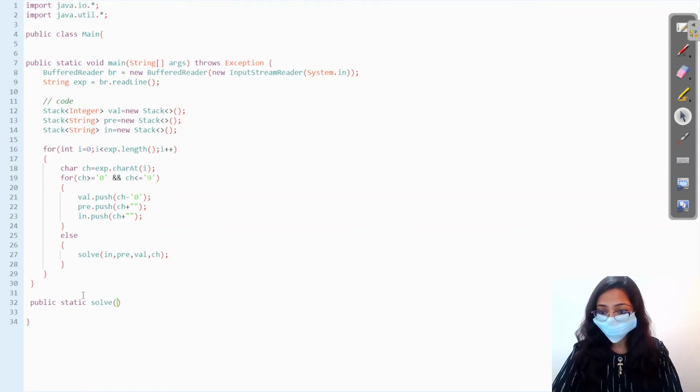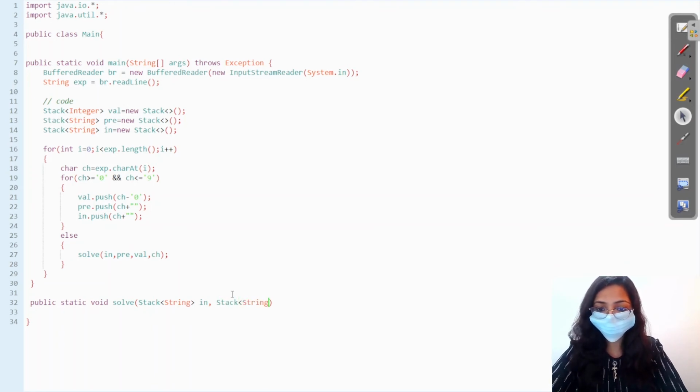This will be void. Okay. I took the 3 stacks, right? So a stack of string, we have infix. Then we have a stack of string, prefix, another stack of integers, and we have the operator.